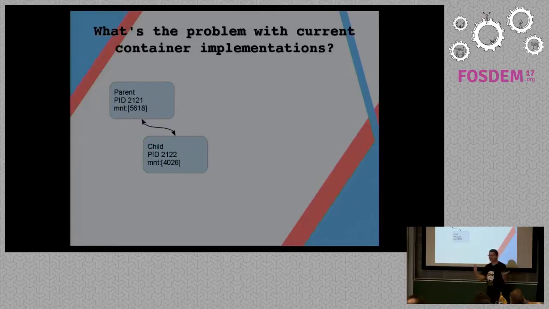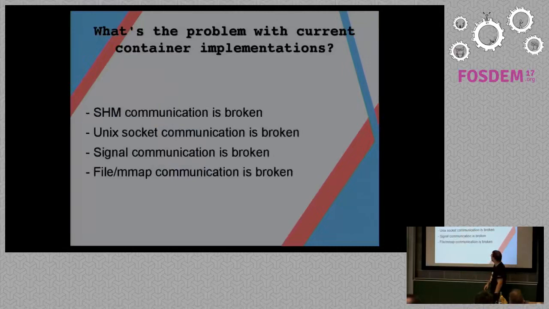You have to think about some TCP/UDP connection between those, simply to make them talk. So this is a very big problem. Also, when you change the PID namespace, you cannot even send signals to this process, which is very, very bad.